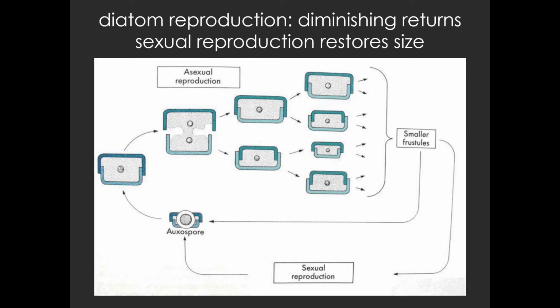As you can see, as you move from left to right across this figure, they get smaller and smaller and smaller, and they get to this point of no return where the cell decides, no, we've gotten too small, and then it will switch from asexual reproduction to sexual reproduction, forming gametes that fuse and then go back to the original size of the organism.